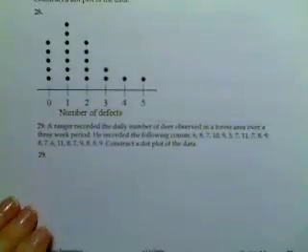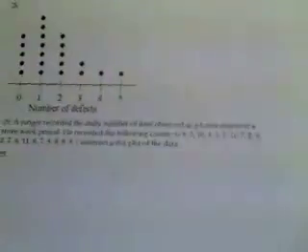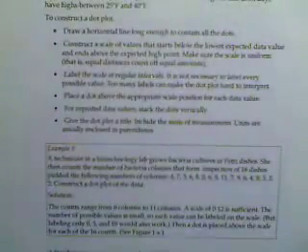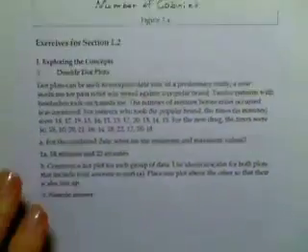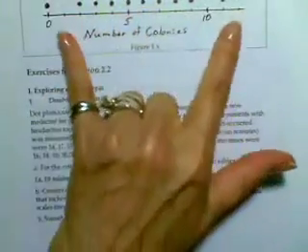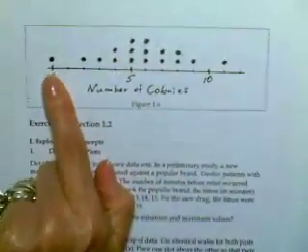So I like dot plots or line plots because they preserve the original data. It gives us an overall feel for where most of the data falls, where the gaps are, where the unusual data is.